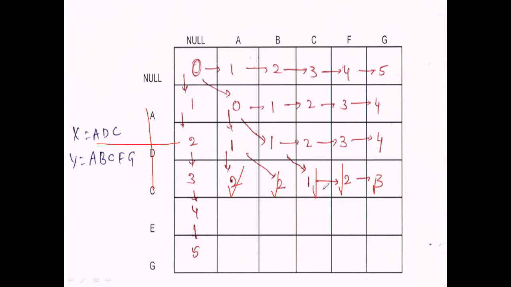The total number of operations is 3. So how are we finding the total number of operations, either inserting or deleting, by the arrow values? That is 2 horizontal values and 1 diagonal, 1 no change. Where the value is changed, that arrow is considered. So the total number of operations is 3.